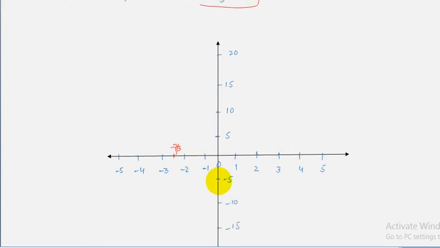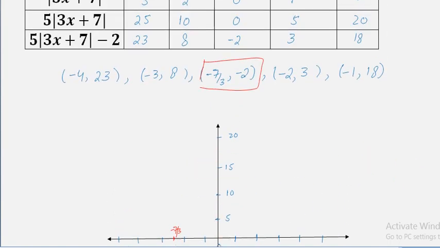So minus 2 is greater than minus 5. So this is our first point, when x is minus 7 by 3 and y is minus 2. This is the vertex for the graph.